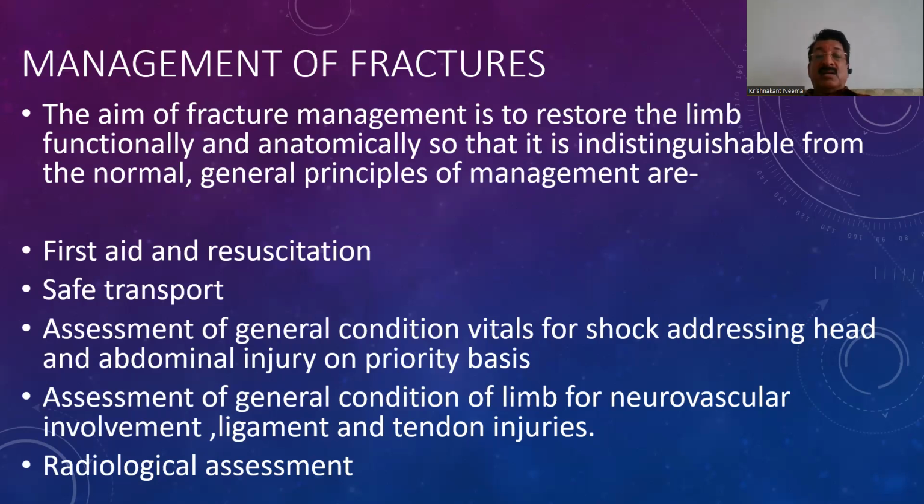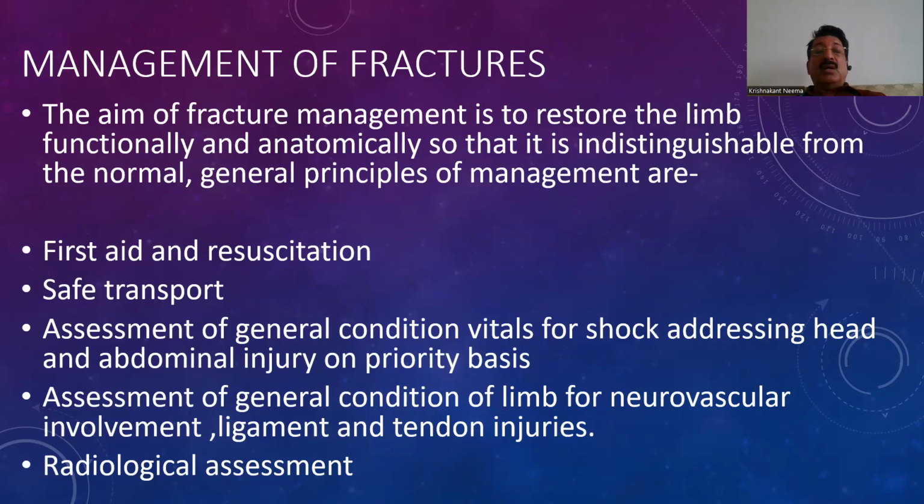On the priority basis are two organs, head and abdomen. These two head injuries cannot be left undiagnosed and similarly abdominal injuries cannot be ignored. So these two injuries have to be taken care of.